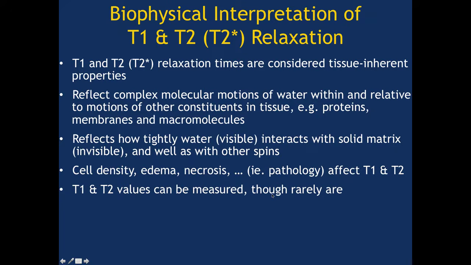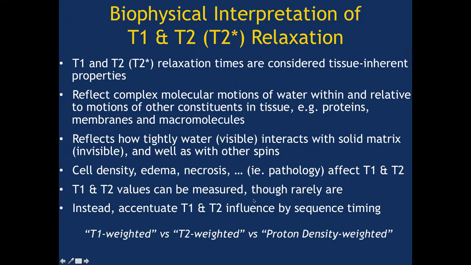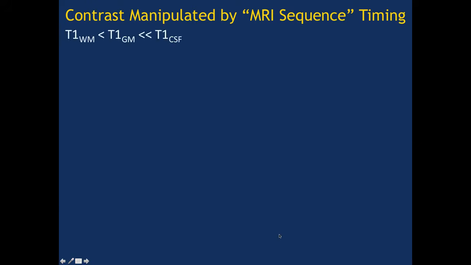T1 and T2 are numerical values. They're times, they're time scales, though we really rarely quantify them. We instead accentuate the effect of T1 and T2 by controlling the timing of how we collect the data. You will refer to a T1 weighted MRI, a T2 weighted MRI, a proton density weighted MRI.